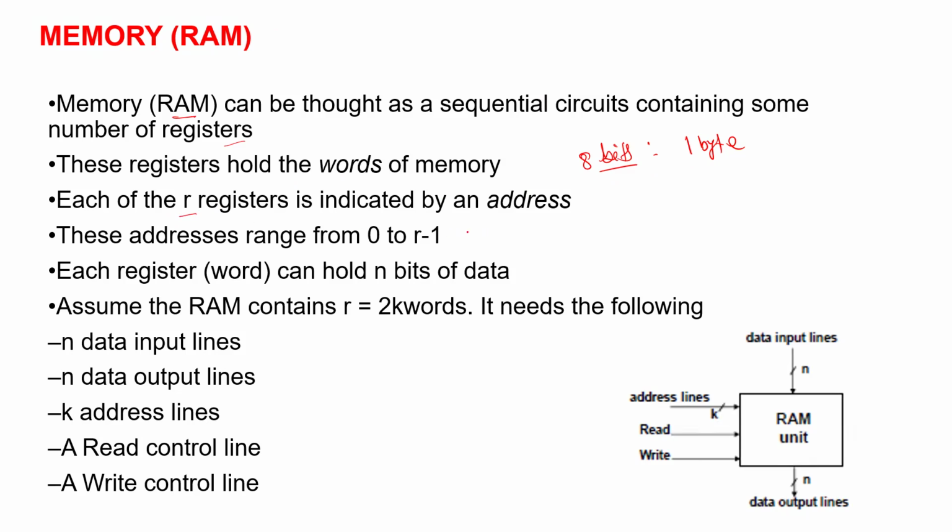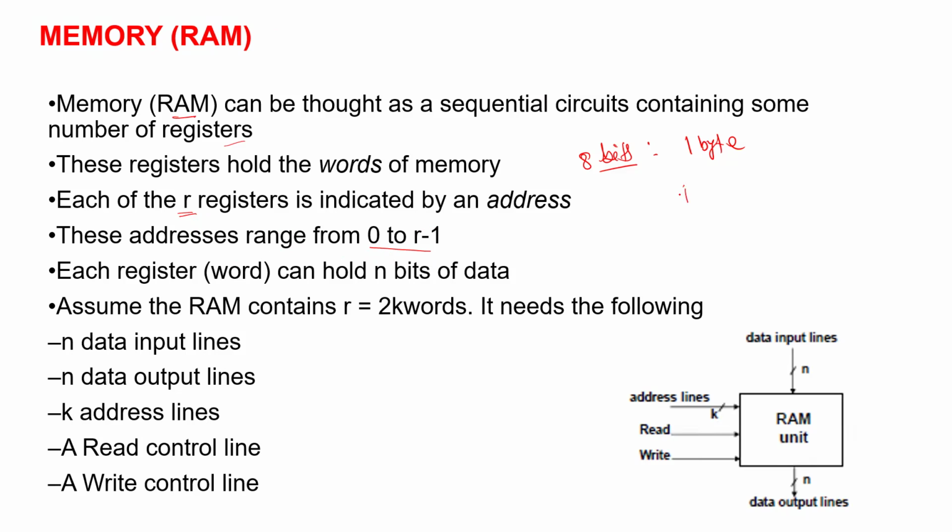Each and every specific register has some address, and that address is very important here. Later we'll see how to write the address and how to decide the capacity of the memory. If the number of registers is R, then the address range will be 0 to R minus 1, since counting always starts from 0.